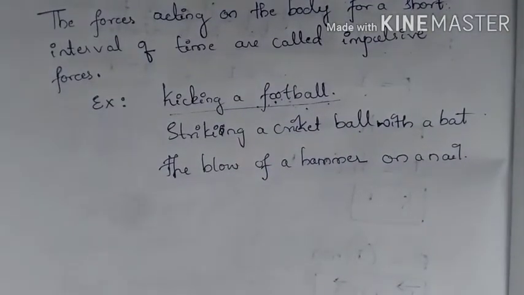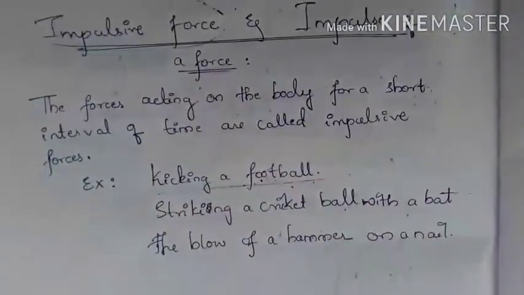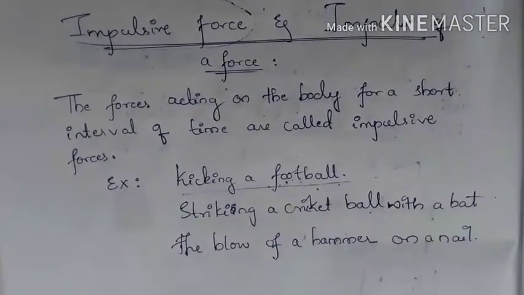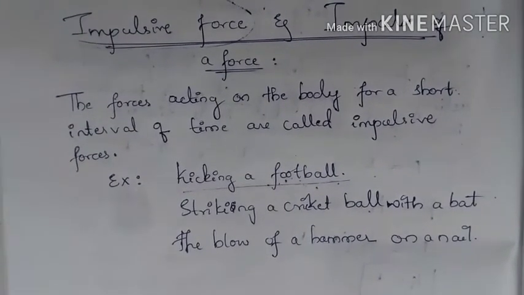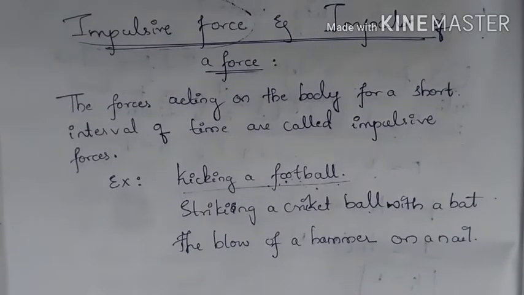It will be 0. So now what you can say here is these forces are variable forces. The value of these forces varies with time. So in such cases the magnitude of these forces cannot be measured.